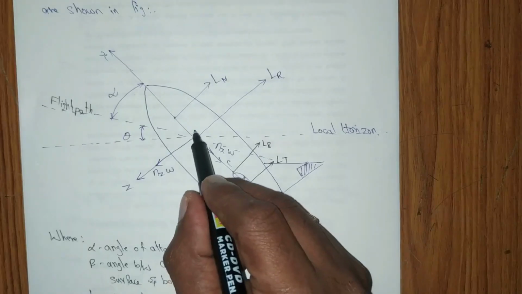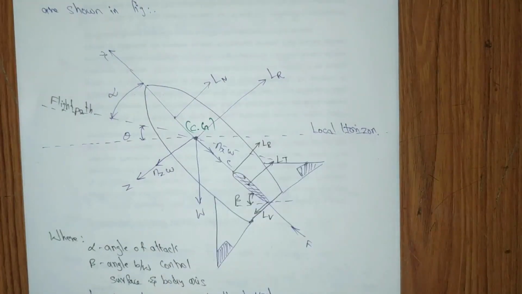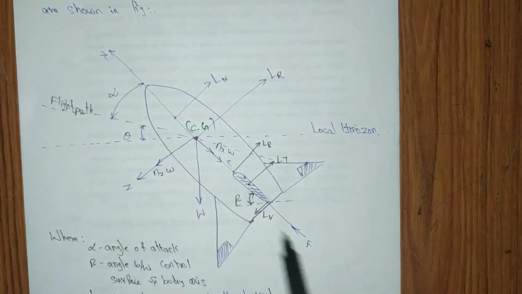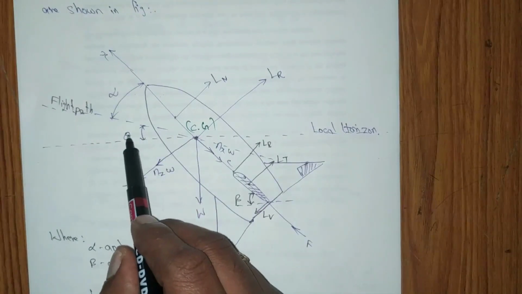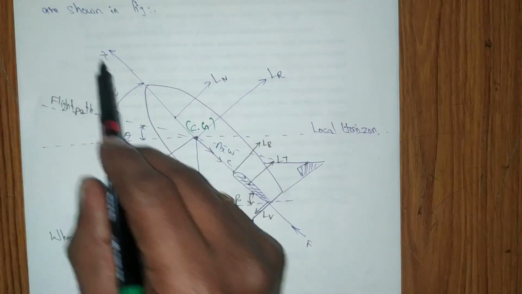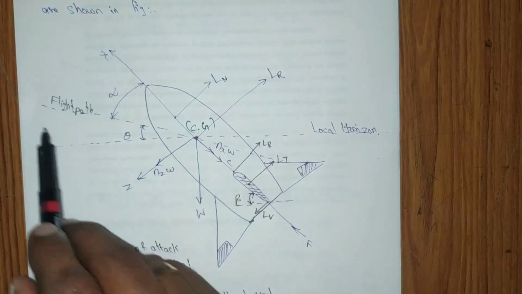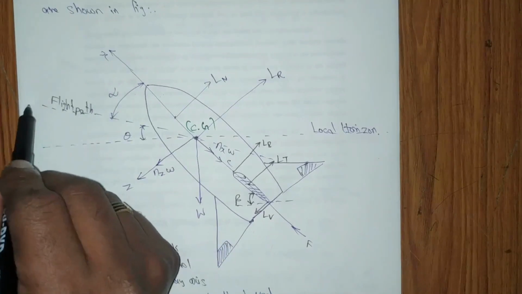With that, this is the CG where the entire load takes place, and the flight path of this missile with respect to the local horizon is theta, and the angle between the reference axis of the missile and the flight path is called the angle of attack, and this is the freestream velocity we will get, right?